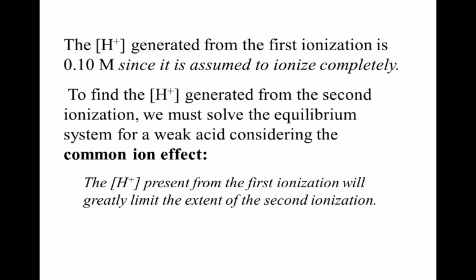The ICE table is going to look like this. I'm not going to rewrite that, I'm just going to make my columns. This is the reactant, HSO4-, our weak acid. Then we have a column for our hydrogen ion, the product, and a column for our sulfate ion. We have initial, change, and equilibrium.